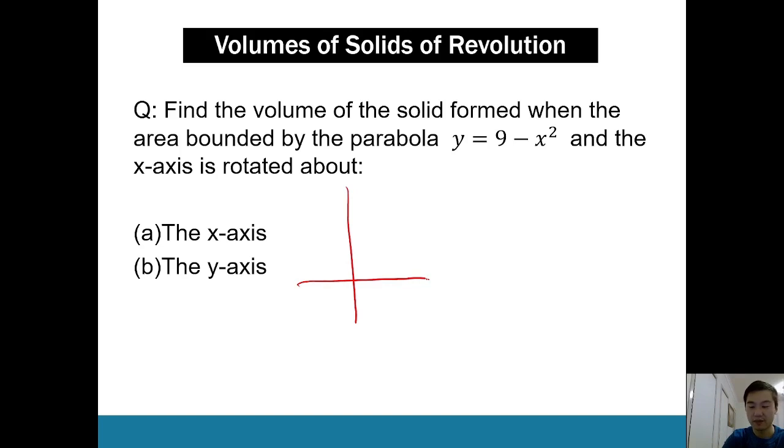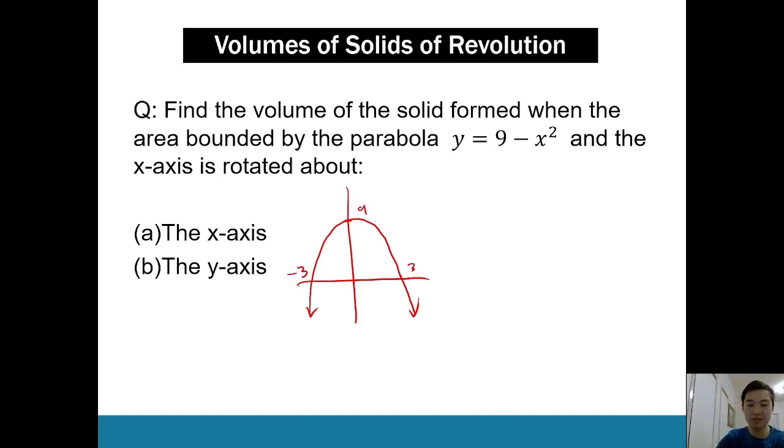We have y equals 9 minus x squared, so that's going to be a concave down parabola. When y equals 0, 0 equals 9 minus x squared, so x will be plus or minus 3, so we know that it has x-intercepts at 3 and negative 3.